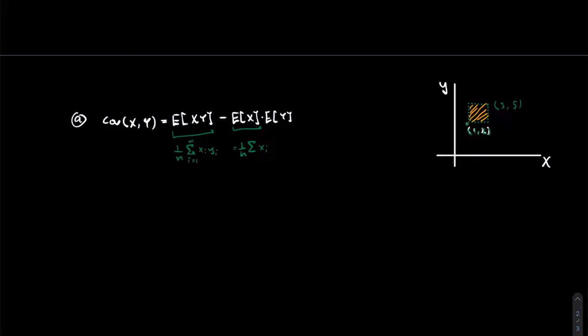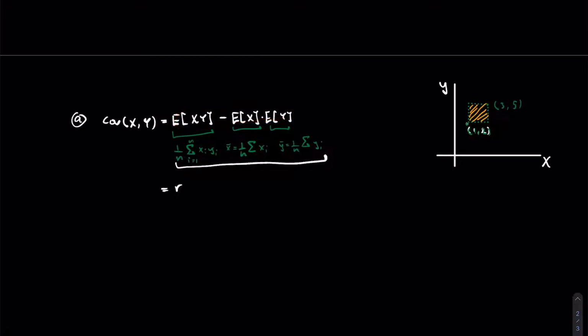This is what was given as x bar, and the same here, this is what y bar is, with yi. And so if you multiply out all the terms, this is basically how you derive this form of the covariance here.